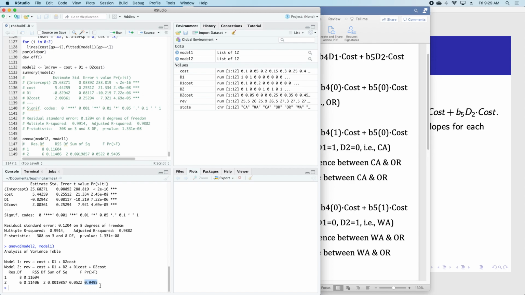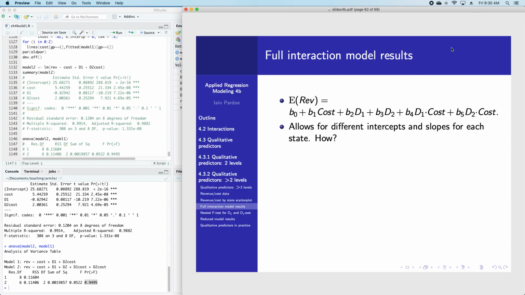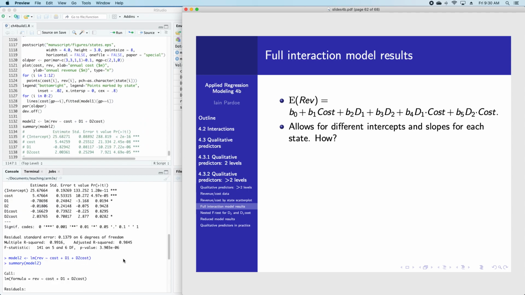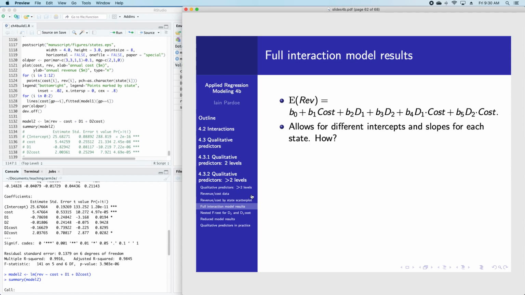The p-value is bigger than a significance level of 0.05, so that means that we fail to reject the null hypothesis. The null hypothesis says that in this model, what are we testing? We're testing D2 and D1 cost.